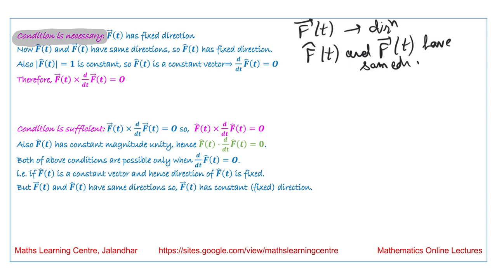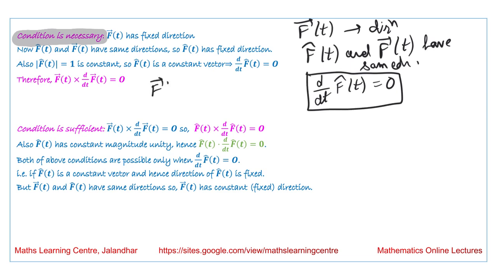So d by dt of f cap t is equal to 0. If we substitute this value in the equation we derived, we obtain that f vector t cross d by dt of f vector t is equal to 0.